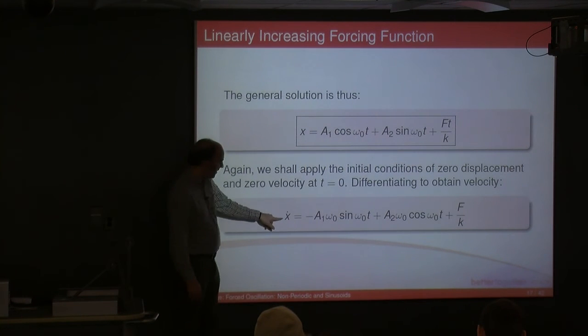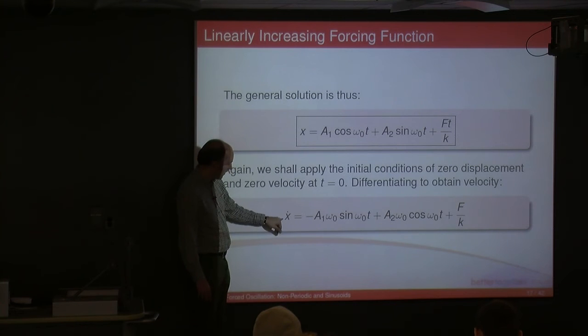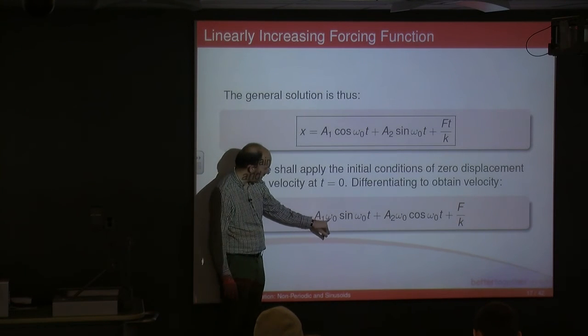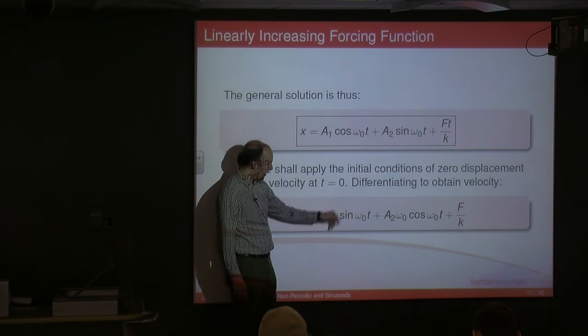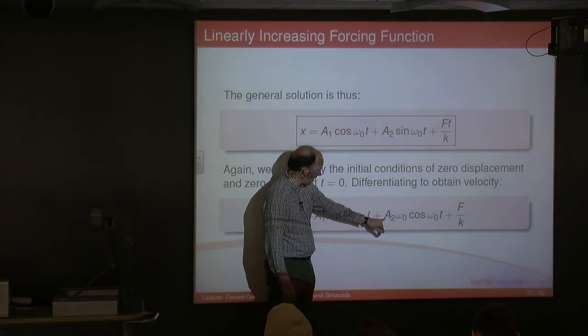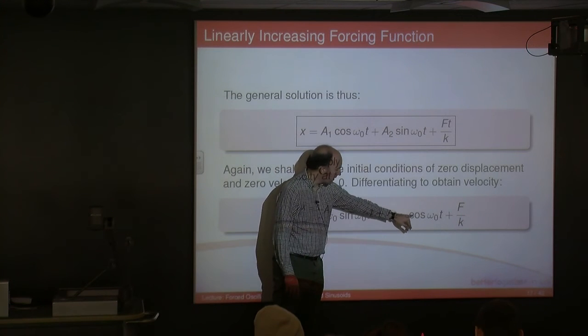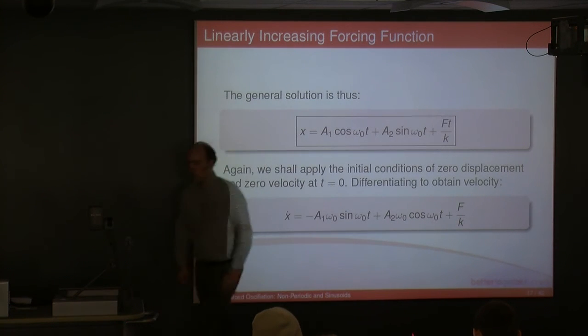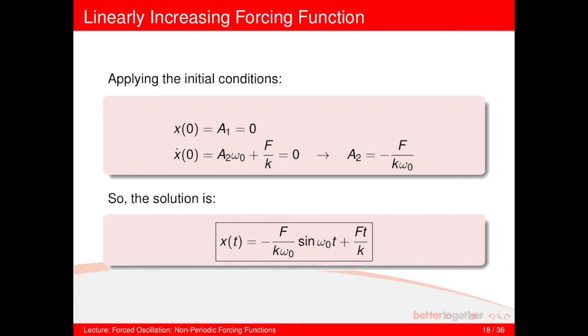But down here, if we take time as 0 for this case, we end up with A1 omega naught, so that disappears. A1 was 0 as well, so that's doubly disappearing. A2 omega naught plus F upon k. So you can find out what A2 is. Applying initial conditions, A1 was 0, A2 is minus F upon k times omega naught.